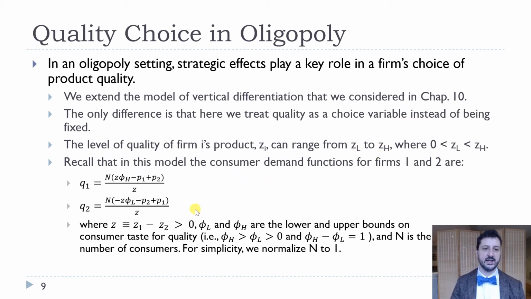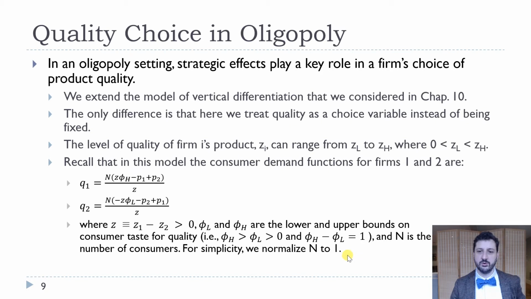We had our consumer demand functions already given by these equations. Just remember, Z here is Z1 minus Z2, with Z1 being the quality of firm 1 and Z2 the quality of firm 2. The phi parameters were the lower and upper bounds on consumer taste for quality.